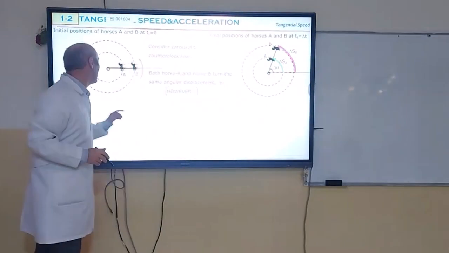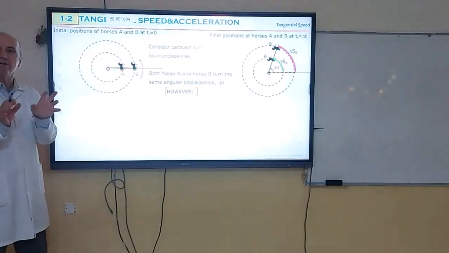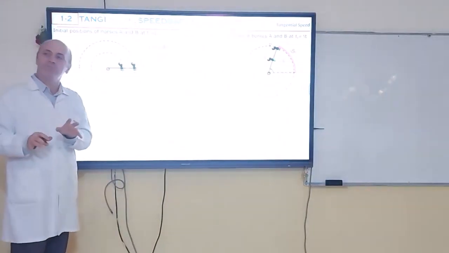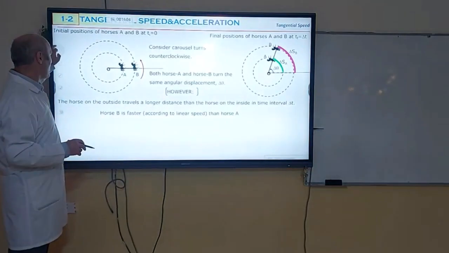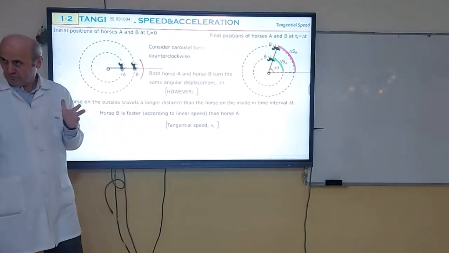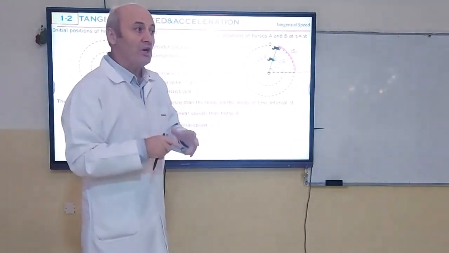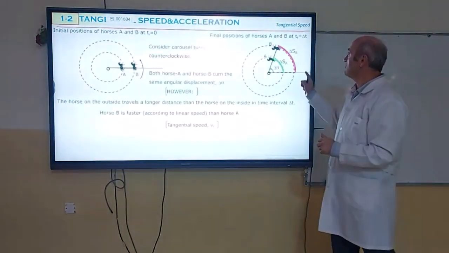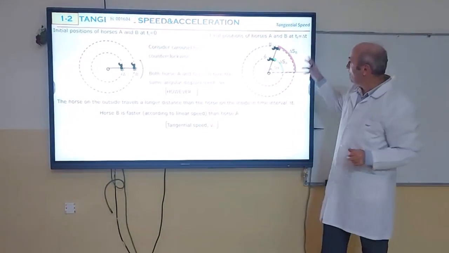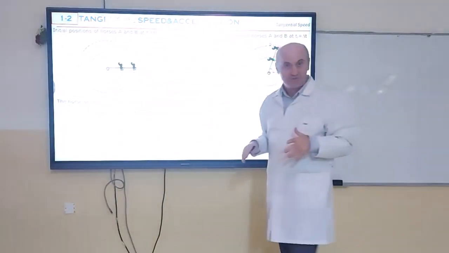Even though they have the same angular speed and the same angular displacement, their arc lengths and distances traveled by these two horses are not the same. So we say that the outside horse always travels a longer distance than the inside horse, which tells you that in terms of linear speed, the speed studied by distance, the outside horse must be faster than the inside horse.